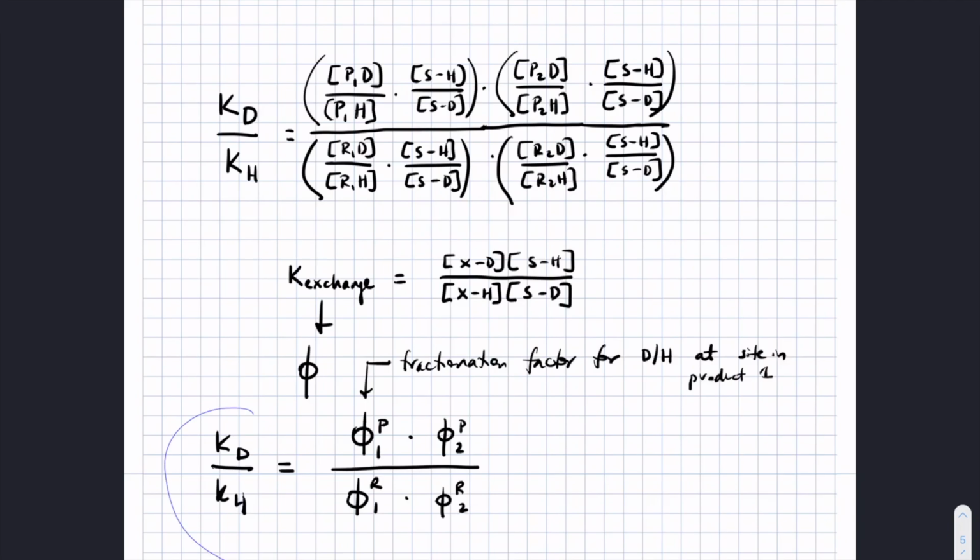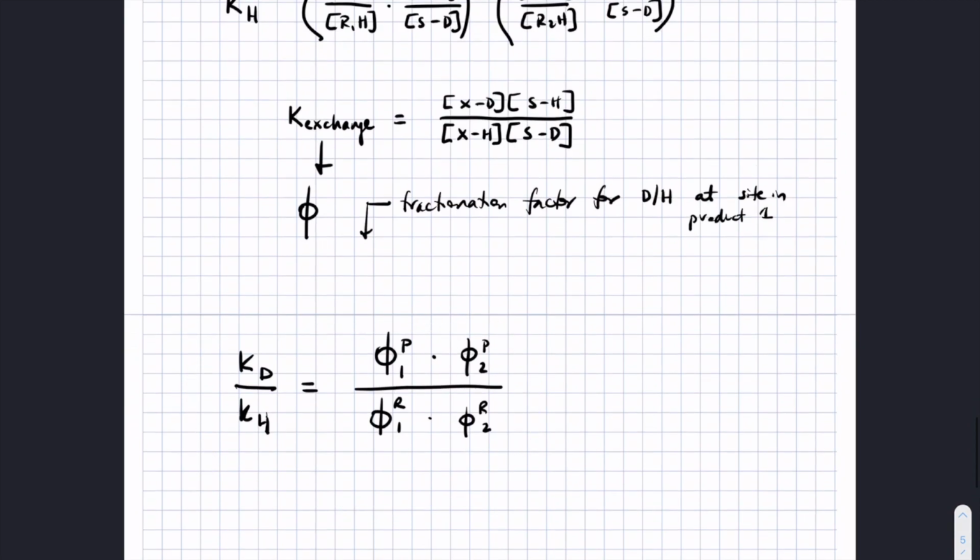Okay? So what this tells you is how the difference in the ratio between equilibrium constants for the reaction done in deuterium versus in hydrogen is related to how much deuterium prefers the site in product 1 versus solvent, times how much it prefers the site in product 2 versus solvent, divided by the same thing for starting materials 1 and 2.